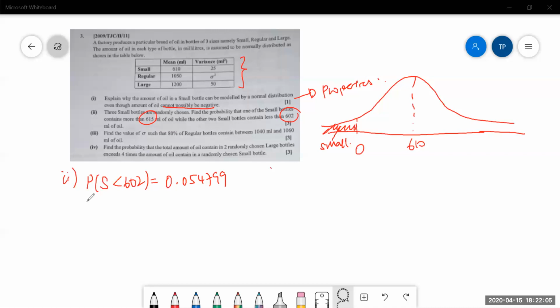Now I want to use binomial distribution. So I'll let X be the number of bottles. Oh, I cannot use binomial distribution yet.